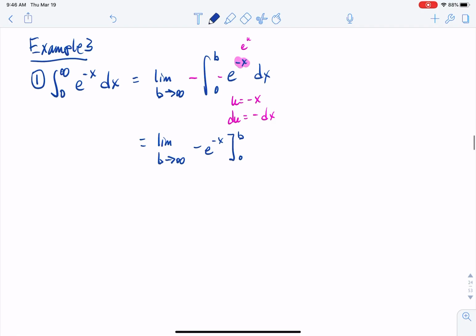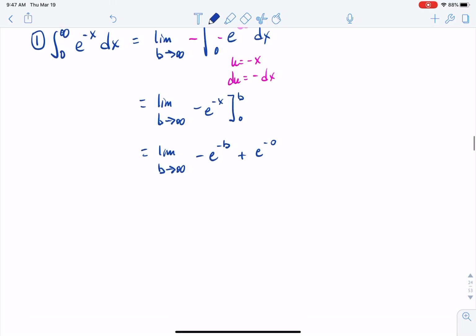Okay, so now let's go ahead and evaluate. I've got the limit b goes to infinity, negative e to the negative b power minus a negative, so plus e to the negative 0 power. Awesome. All right, and maybe I rewrite this yet again and make this a negative 1 over e to the b, and then e to the negative 0, or even positive 0, would be 1.